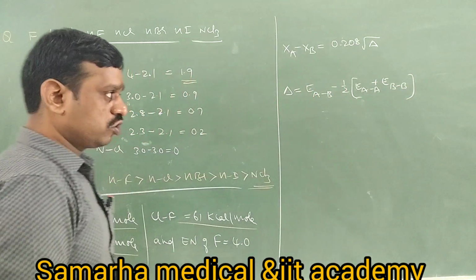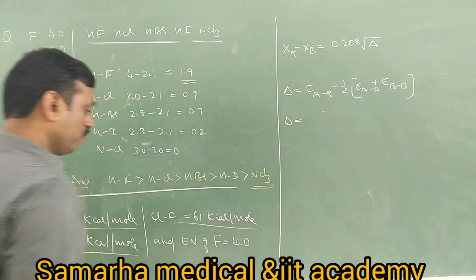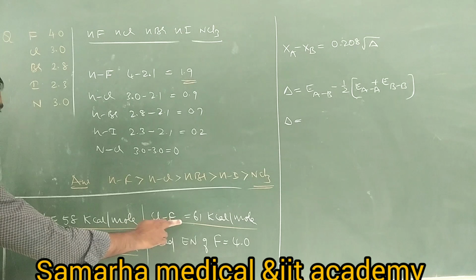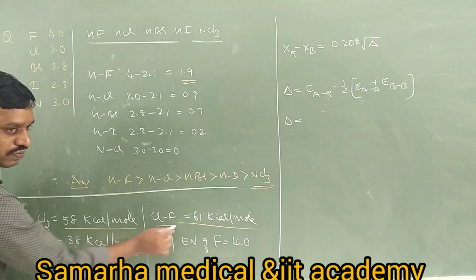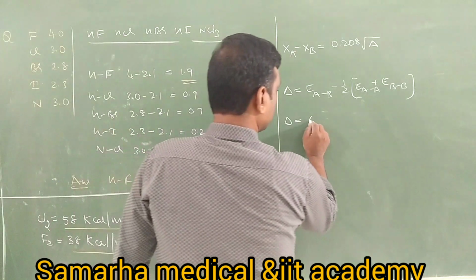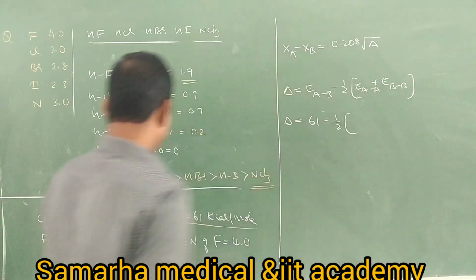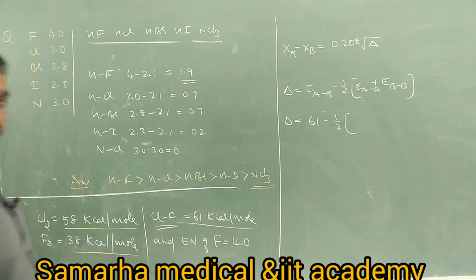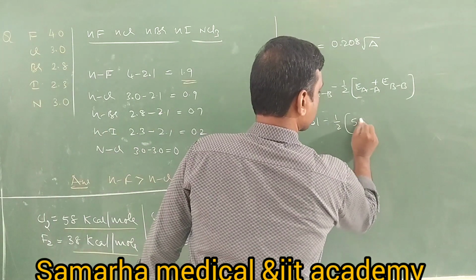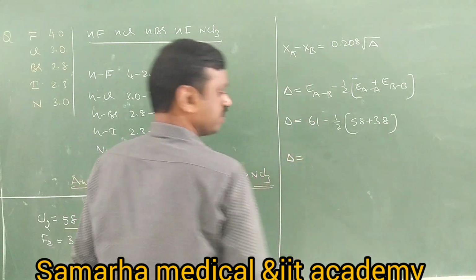So first calculate delta. EAB is ClF, a different element pair. Therefore it is 61 minus half of (58 plus 38).